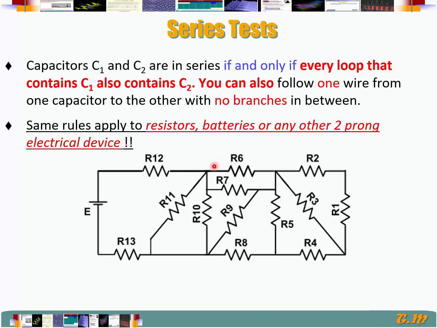That's a branching. So I have 3 paths that they can choose from. Here I have 2 paths that they can choose from. That's a branch.